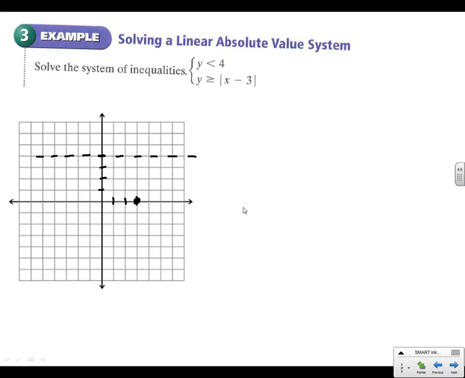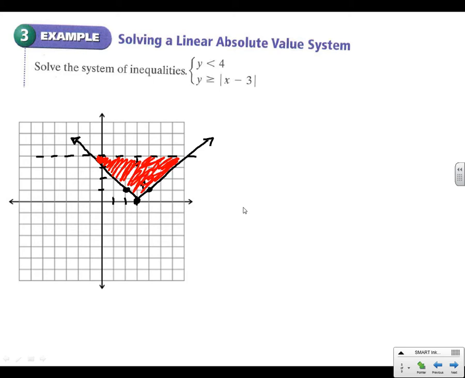And we're going to have a slope of 1 and 1, solid lines, going up. All right, so we need to be below the dotted line and above the solid line. So we should be in this region here, this nice little triangle.